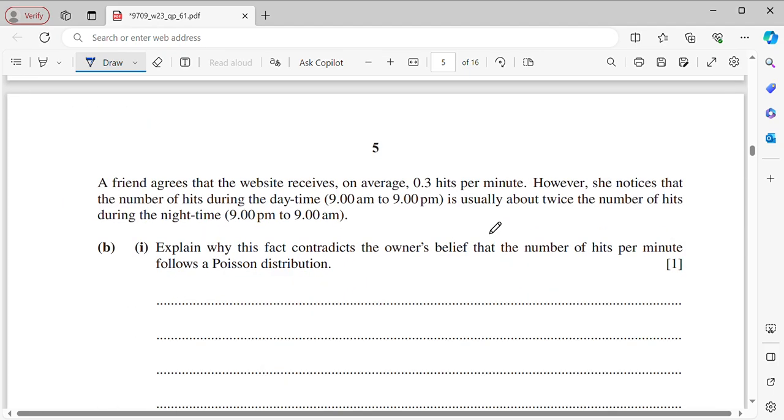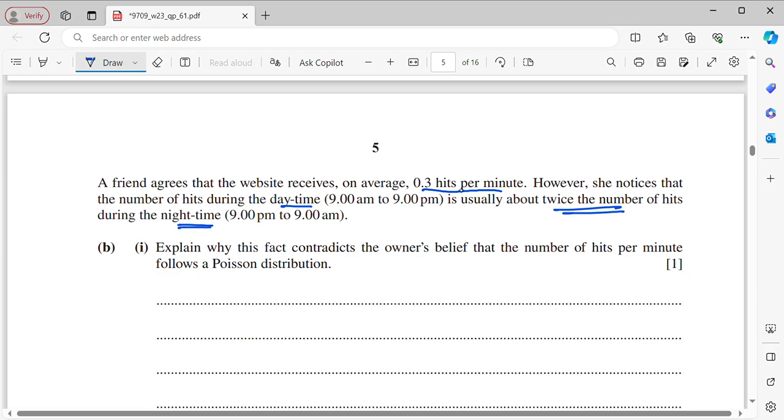Okay, next part of the question. A friend agrees that the website receives on average 0.3 hits per minute. However, she notices that the number of hits during the daytime, meaning from 9 a.m. to 9 p.m., is usually about twice the number of hits during the night time.